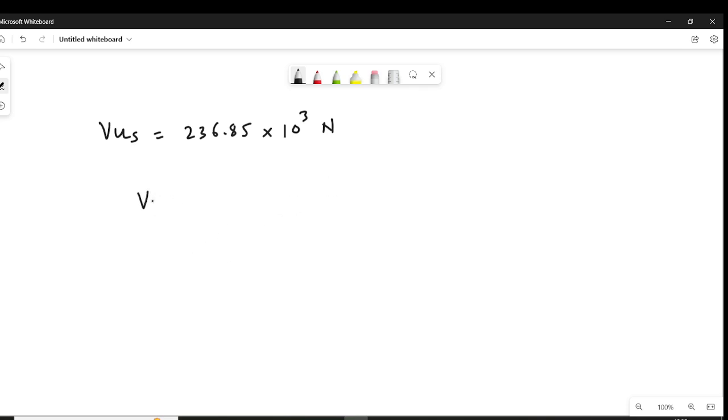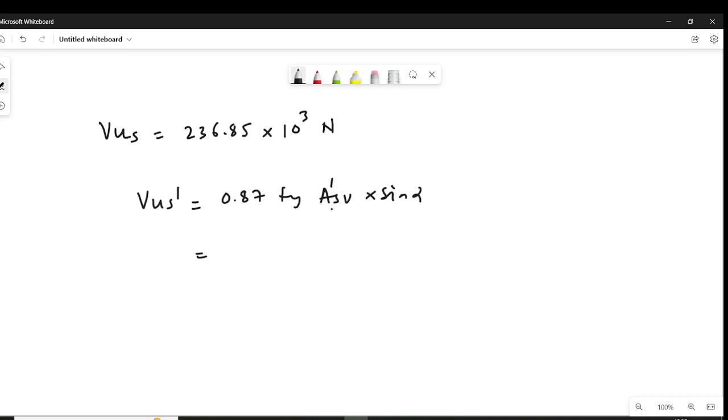Okay, so we have to determine Vus dash. What is Vus dash? It is the shear capacity of the curtailed bars, the shear capacity of bent up bars. We know the formula to find the shear capacity of the curtailed bars: Vus dash equals 0.87 Fy Asv dash into sine alpha. We have seen that they have curtailed 2 bars of 16 mm diameter.